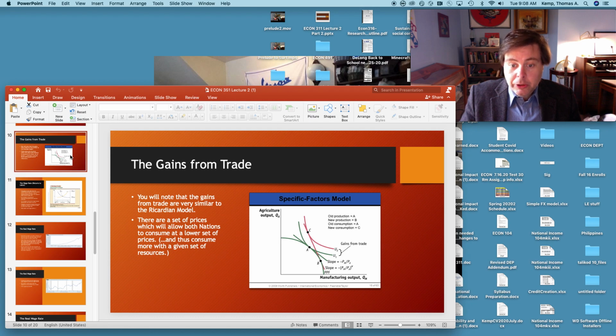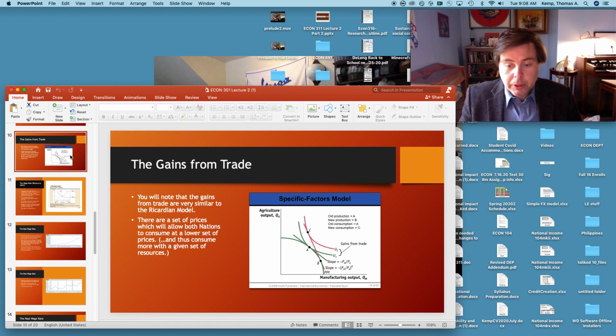And when trade opened, we moved to the set of prices revealed by PM over PA superscript W, which produced a production point of B, tangent to the PPF, and then a consumption point of C. Again, the tangent, except for this time, the tangent to the indifference curve as opposed to the tangent to the PPF. So tangent to PPF, production; tangent to indifference curve, consumption.